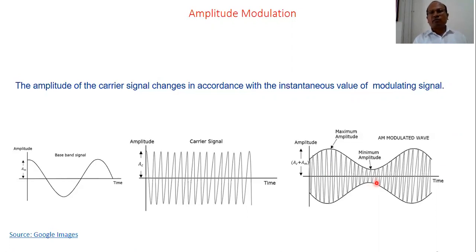This waveform which we can see here is the waveform of an amplitude modulated signal, and it can be clearly seen that the amplitude of the carrier signal is changing when the instantaneous value of the modulating signal or message signal is changing.